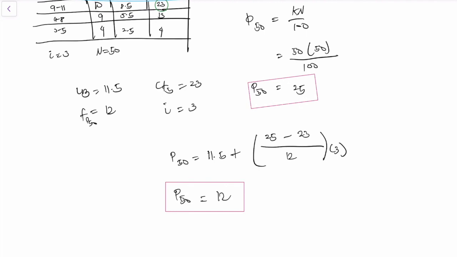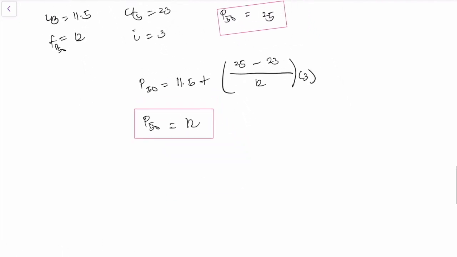So how will we interpret this answer? We can say, therefore, 50% of the houses gave less than or equal to 12 kilograms of plastic bottles.